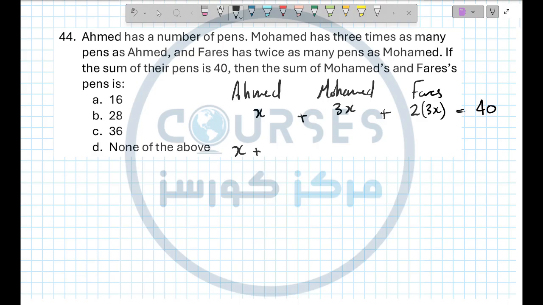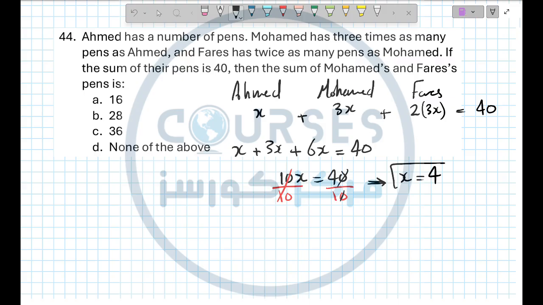So that's x plus 3x plus 2 times 3, which is 6x, equals 40. So 4x plus 6x, that's 10x equals 40. Divide by 10, divide by 10. 0 cancels with 0, so x is equal to 4.